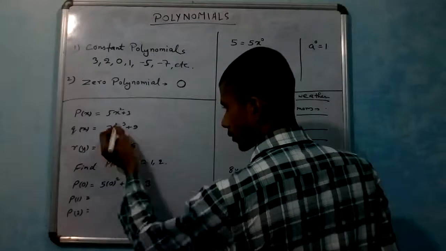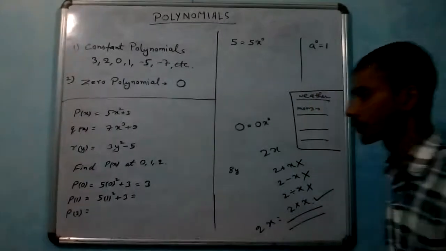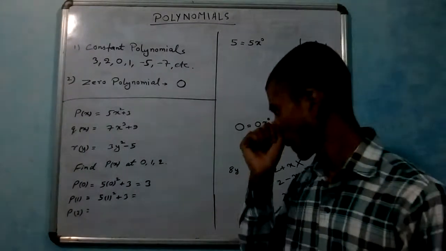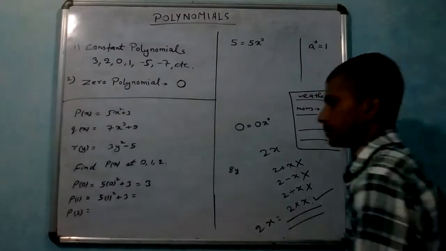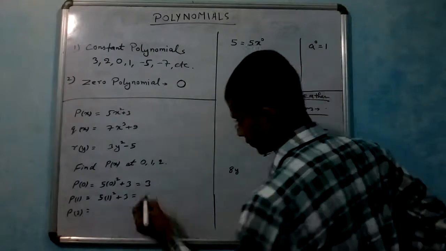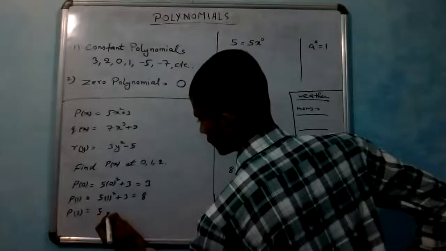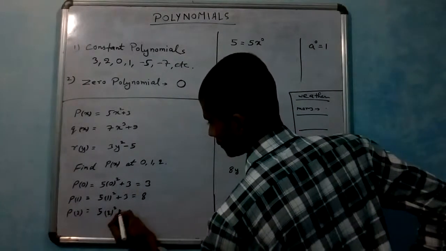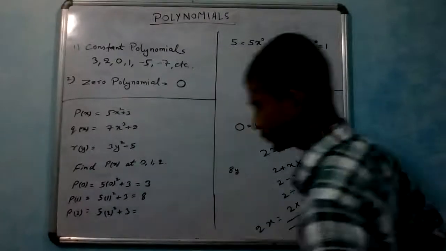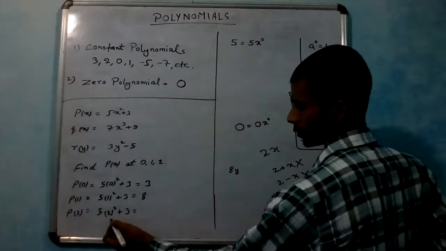Now tell me for the second one. P of 1. Okay, next. Twenty plus 3.